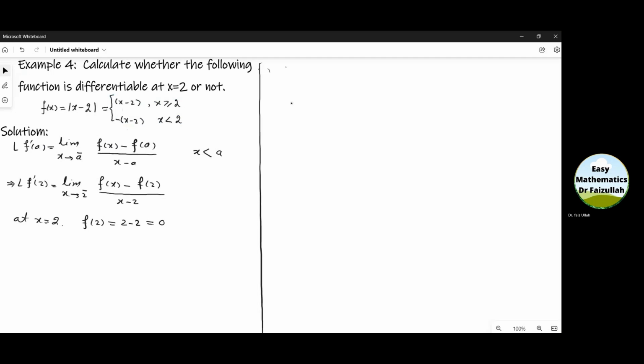And for the left hand derivative, f of x is minus of x minus 2 when x is less than 2.